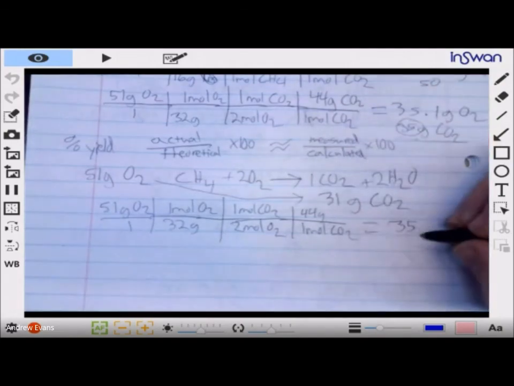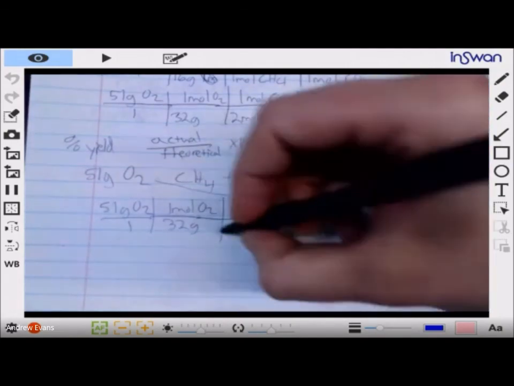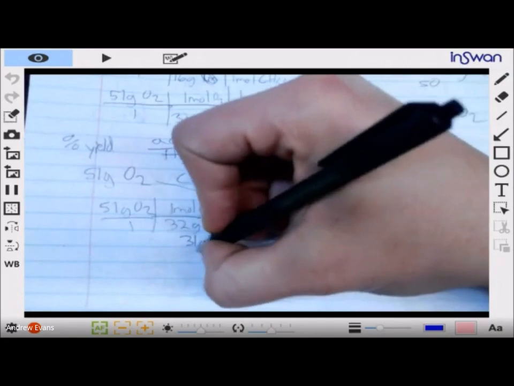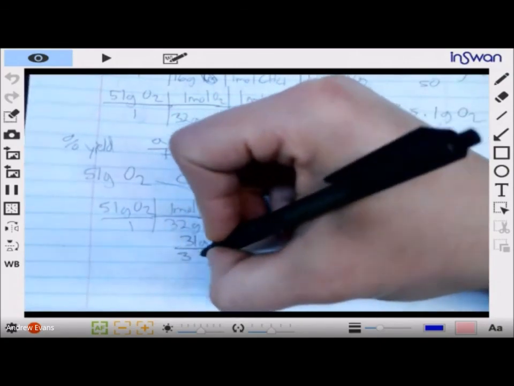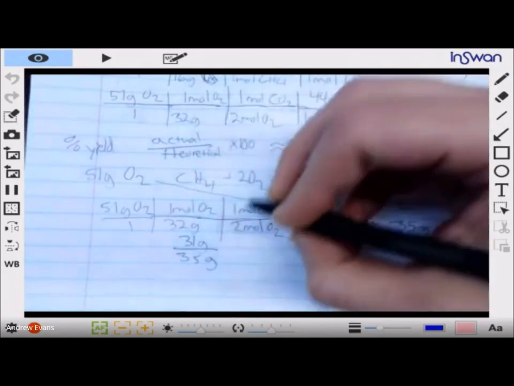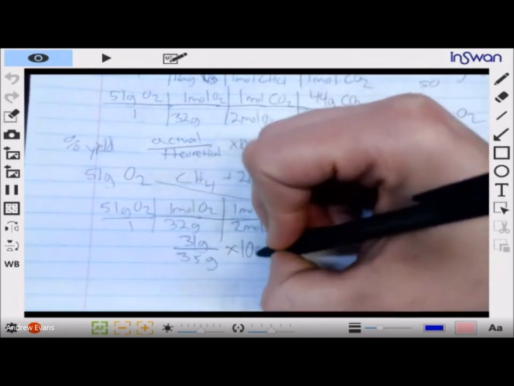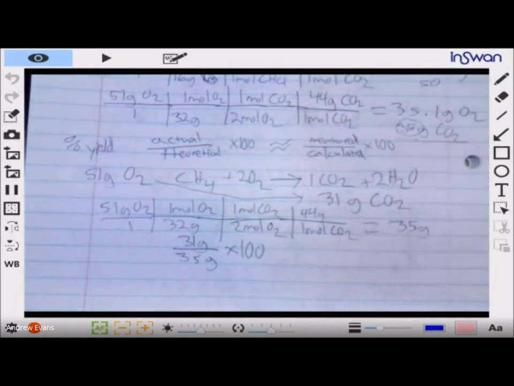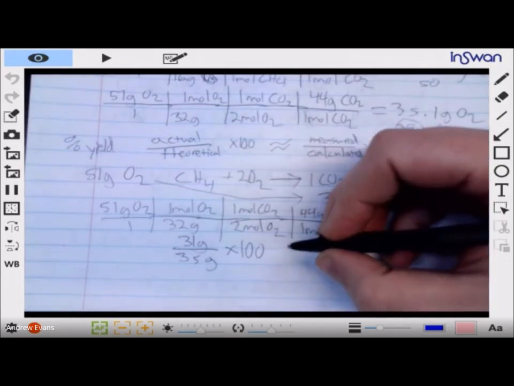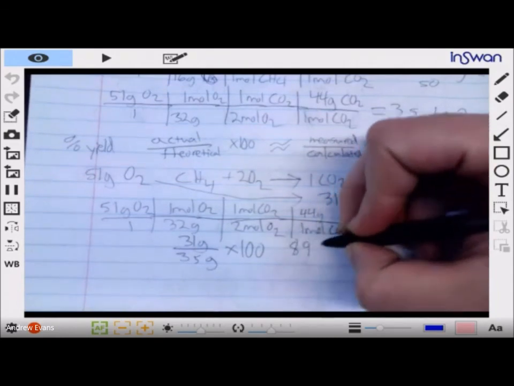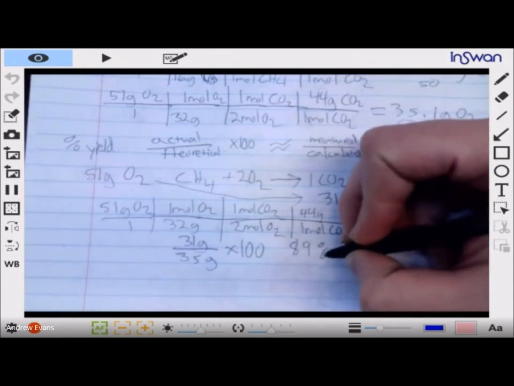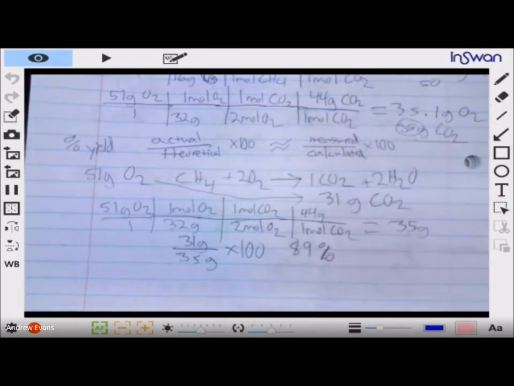But then you would take one more step in that you would take 31, which is the measured or reported yield, divided by our 35, and multiply that by 100 to turn this into a percent. So you still have to do the grams to moles to moles to grams, but you have to do one additional step after the fact. So the yield would be close to 89%, 88.6, but we're going to round to 89%.